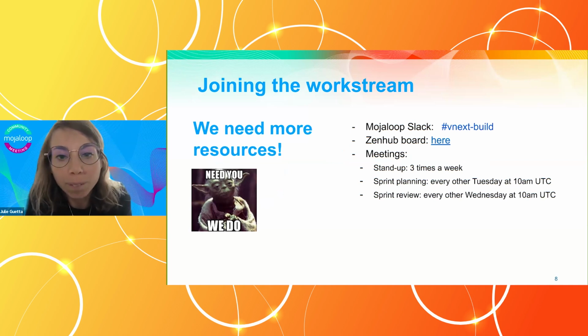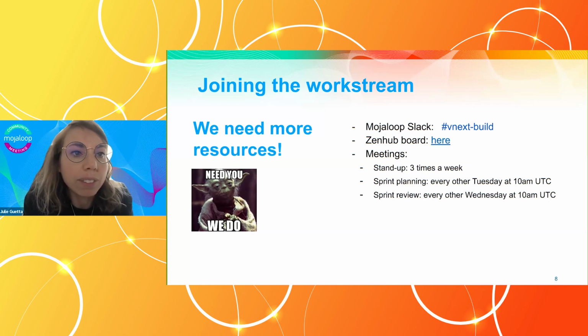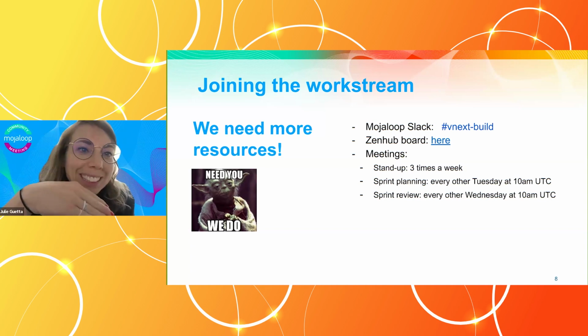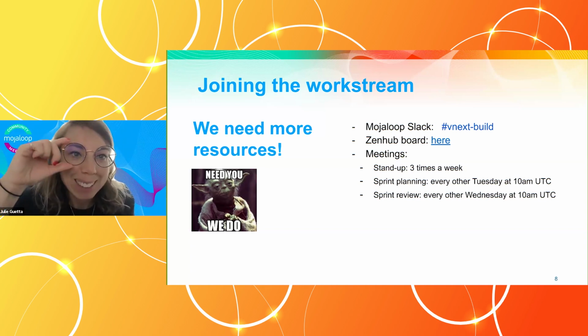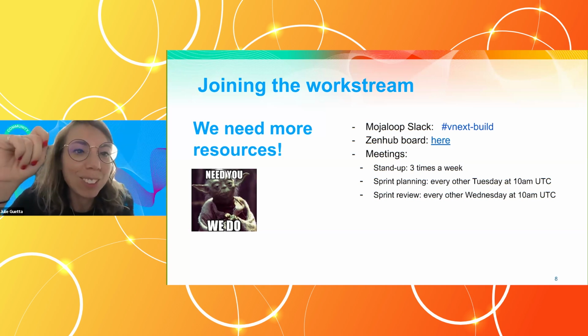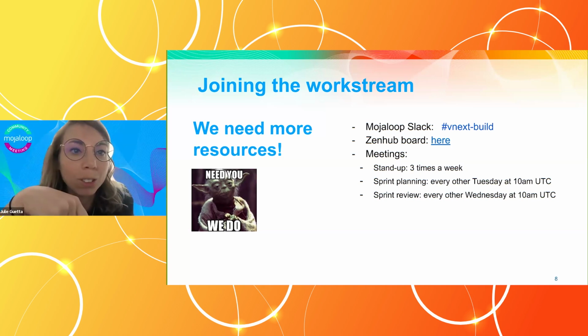We have a Modulo Slack where we have all our communication, and you will see minutes of the sprint planning and sprint review. I put the link of the Zen board as well. As I mentioned, the board is prioritized and all cleaned up. And for each sprint, we also prioritize which items in the backlog are for that specific sprint.